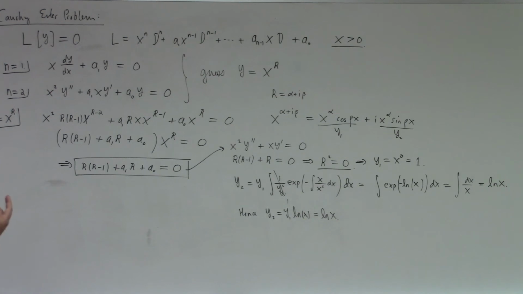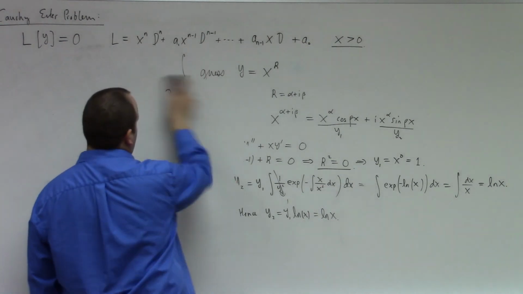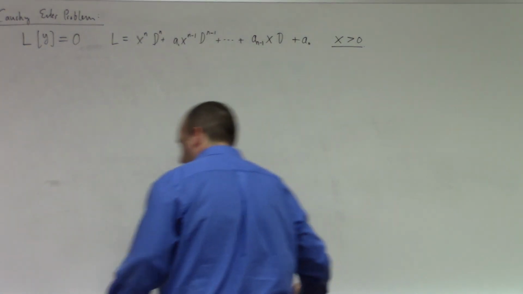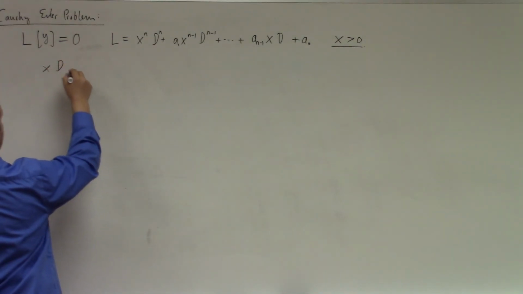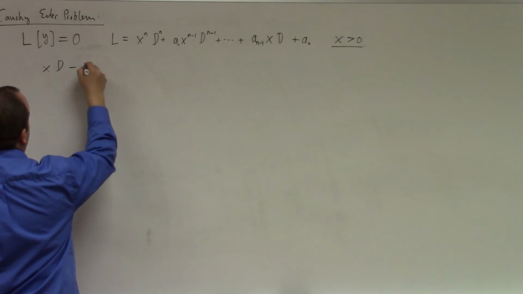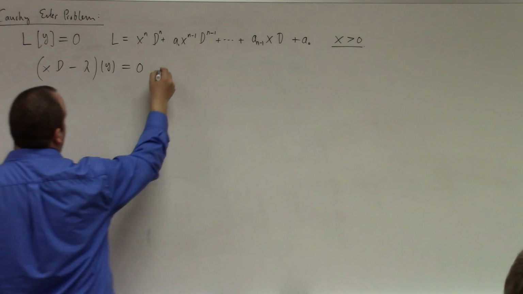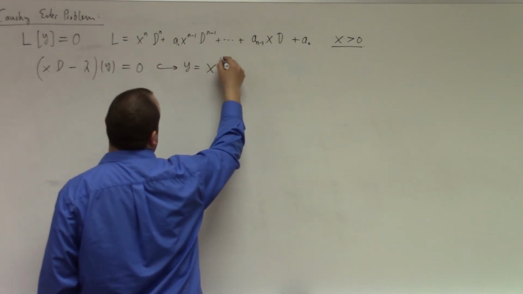This, at the moment, is not, and the reason for that is, can I erase this stuff? So you guys have seen already, if I have xd minus lambda times y equal to 0, we know we have y equals x to the lambda, right?